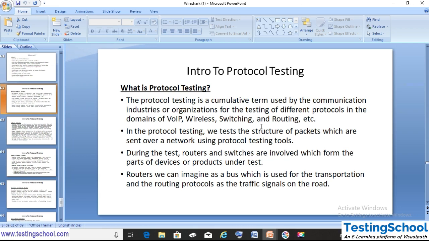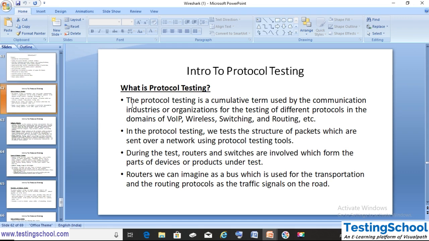Protocol testing is a cumulative term used by the communication industry or organizations for testing different protocols in the domains of VoIP, wireless, switching and routing. We will not discuss VoIP and wireless, though they also have protocols.